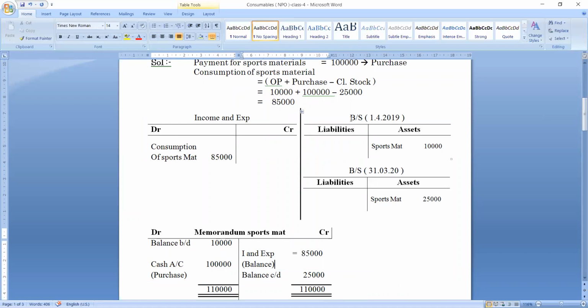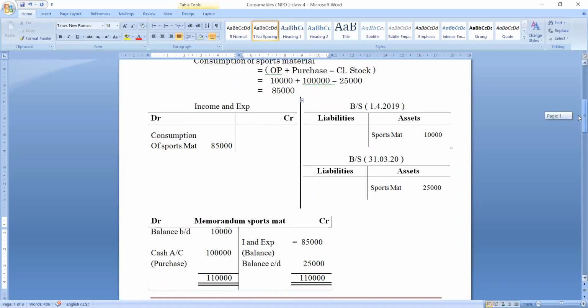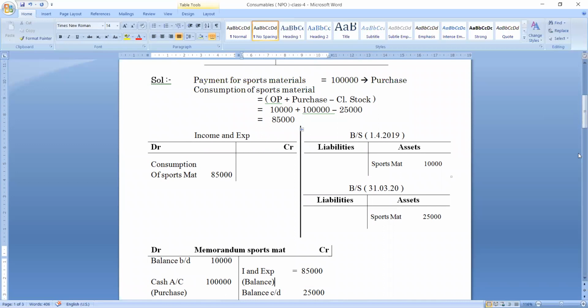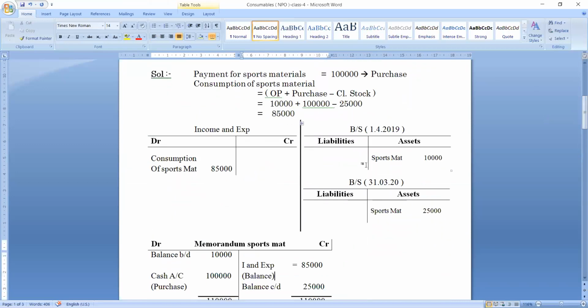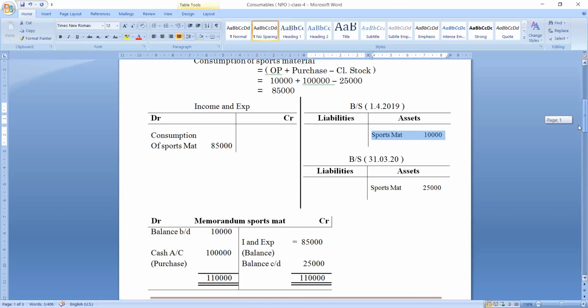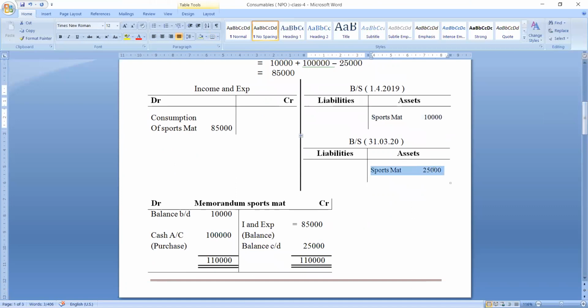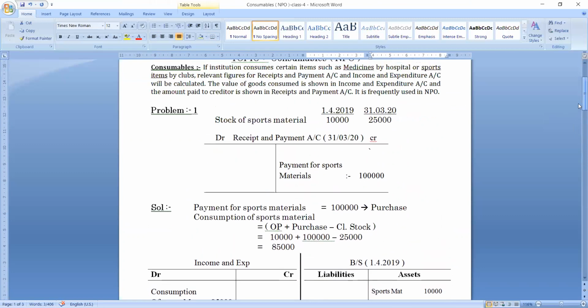Now the question comes: how many balance sheets will be opened? There are two types of balance sheet: opening balance sheet and closing balance sheet. The opening balance and closing balance will be written on the asset side. Remember my word, 10,000 and 25,000 are the opening and closing.